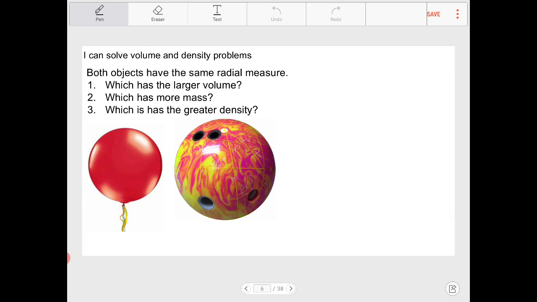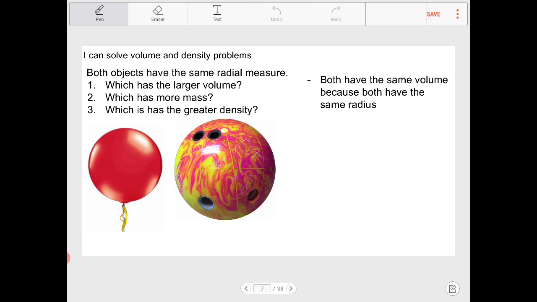Both objects have the same radial measure, which would imply, what about their volumes? If both of these objects are spheres, then the balloon and the bowling ball would have the same exact volume, because they have the same radial measure.